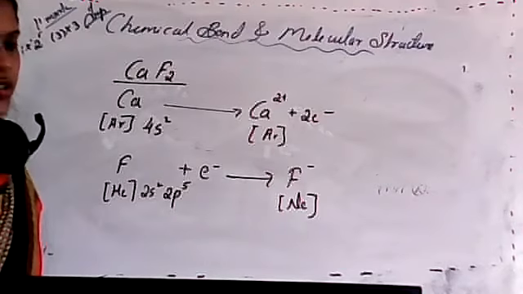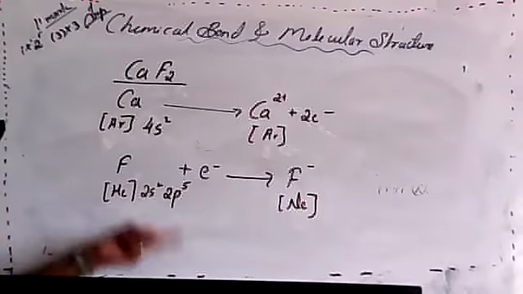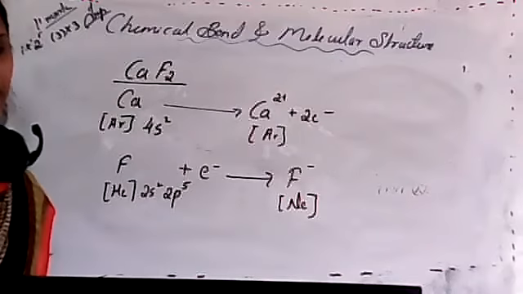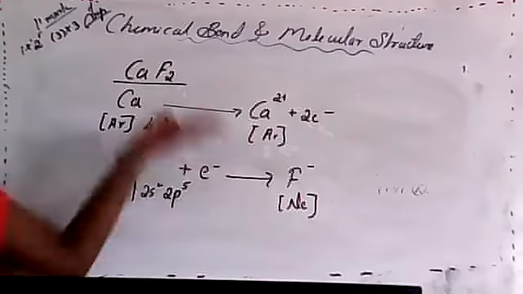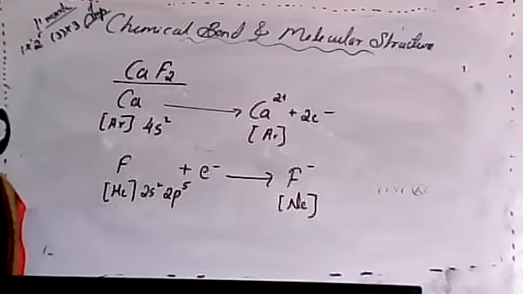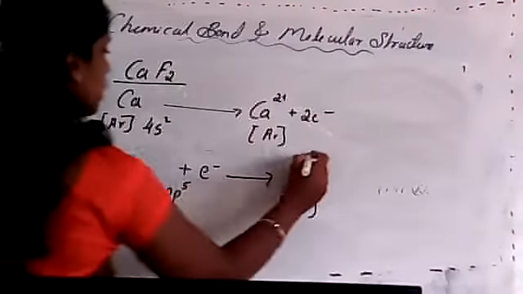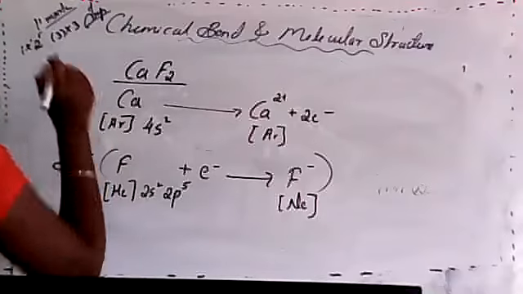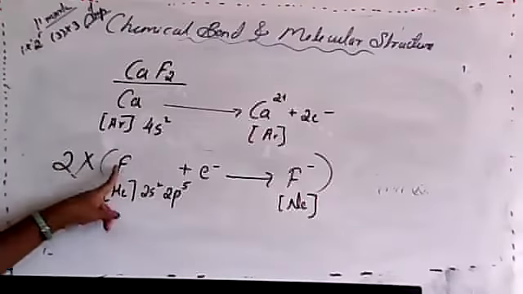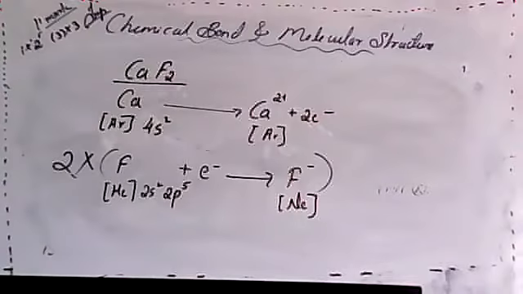Is it clear? So now the question arises, madam, 2 electrons were lost by calcium, but only 1 electron was gained by fluorine. How can it be balanced? Just tell me, student. Yes, there will be 2 fluorines. 2 fluorines gain 2 electrons and form 2 F minus ions.